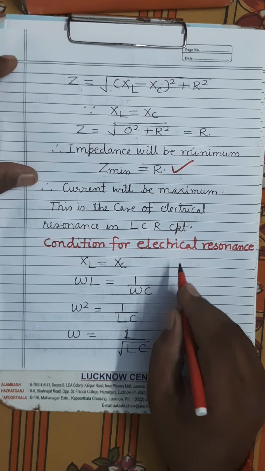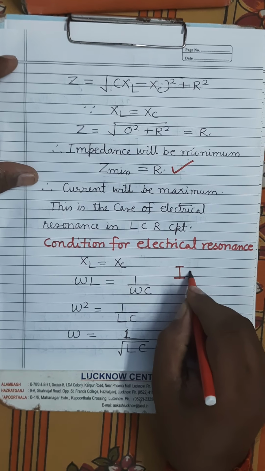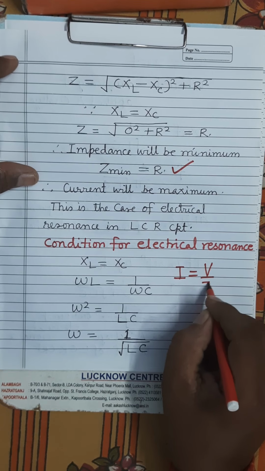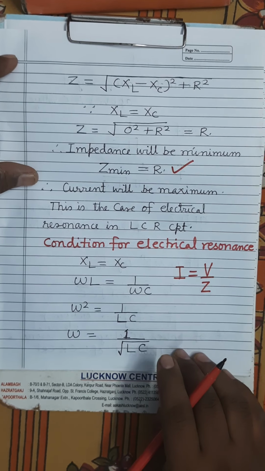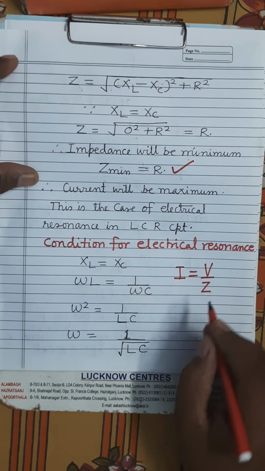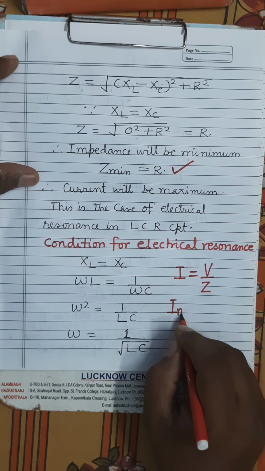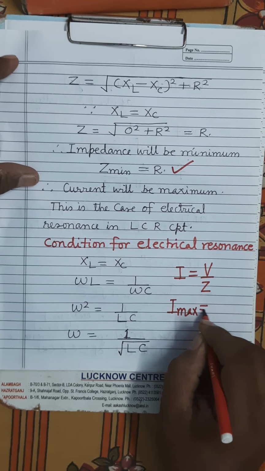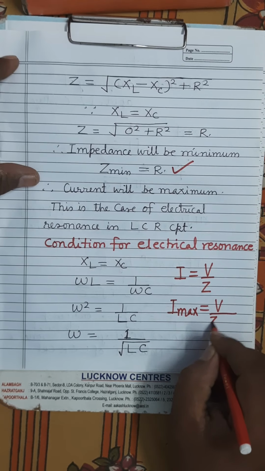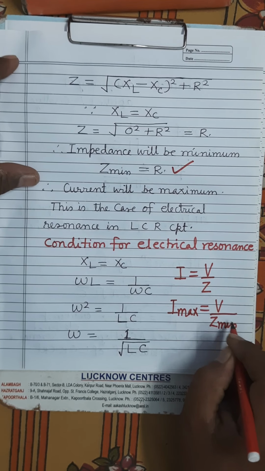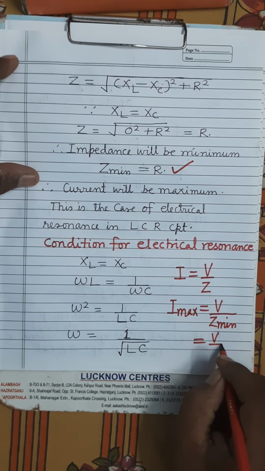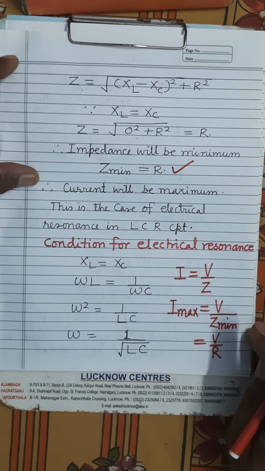Because what is the formula of current? Current I equals V upon Z. Since Z has the minimum value, current will be maximum, V upon Z minimum. And what is the Z minimum? It is R.